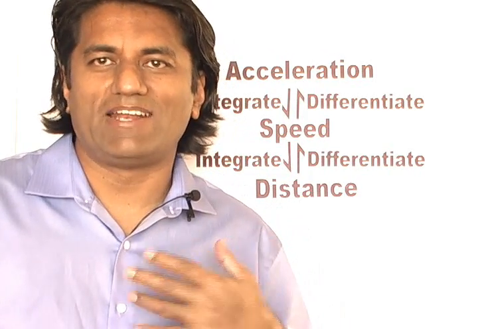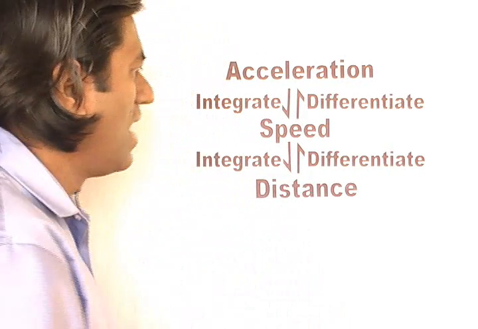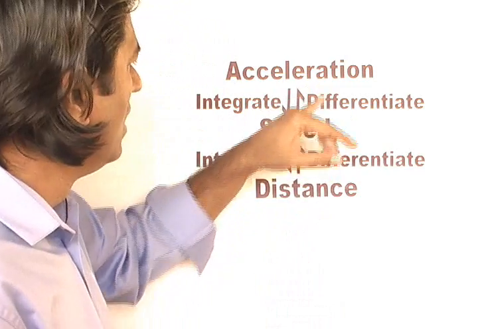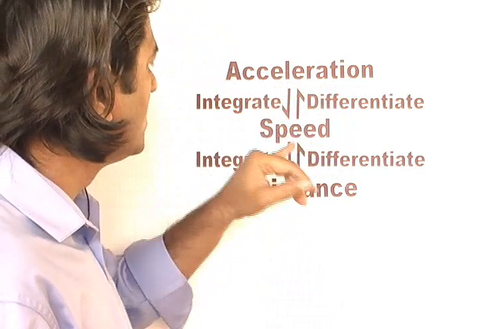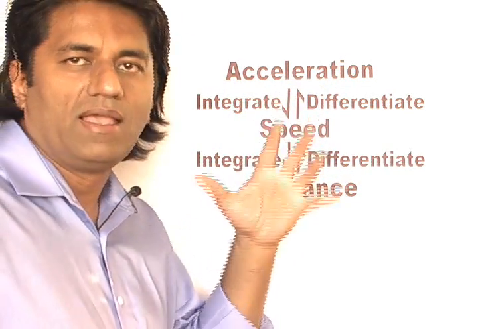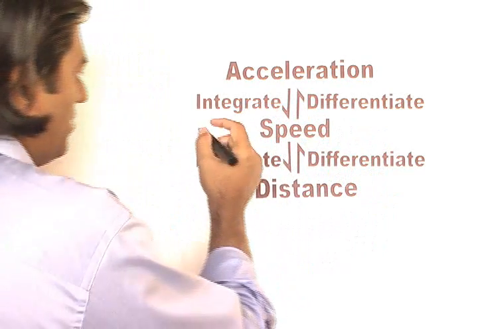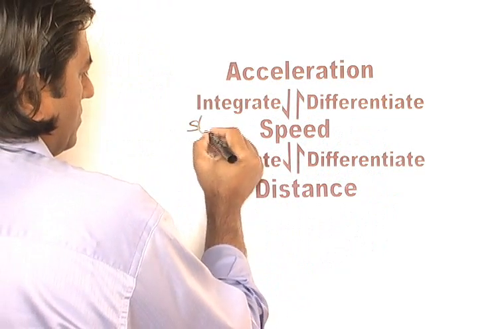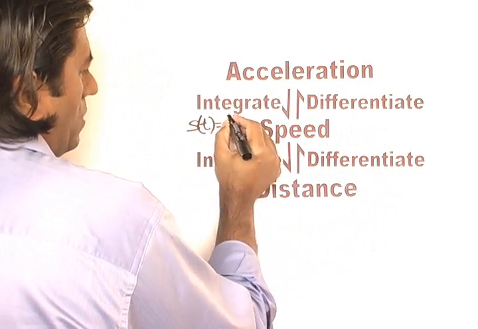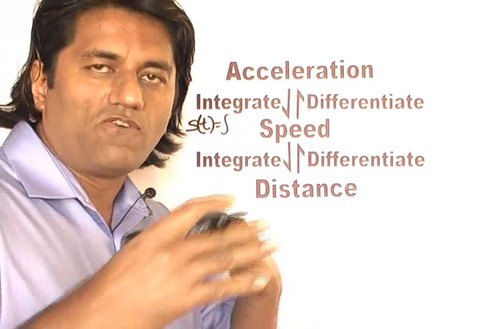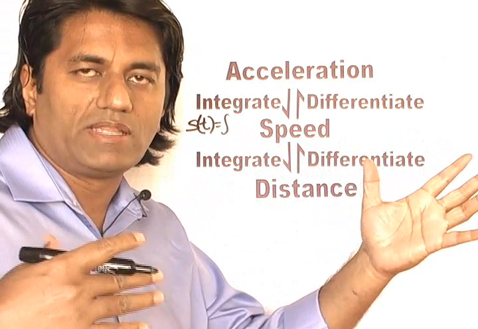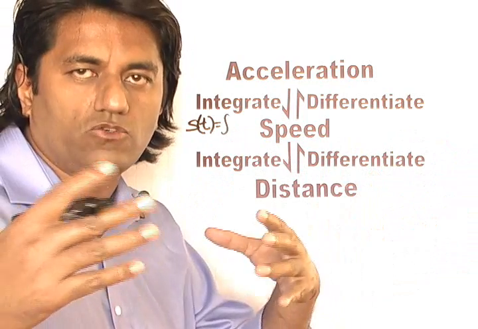So if I was to write out these relationships, I would have from acceleration to speed, the speed at any point in time, let me say that's s(t), would be equal to the integral of all the acceleration that has happened till that point in time with respect to t.